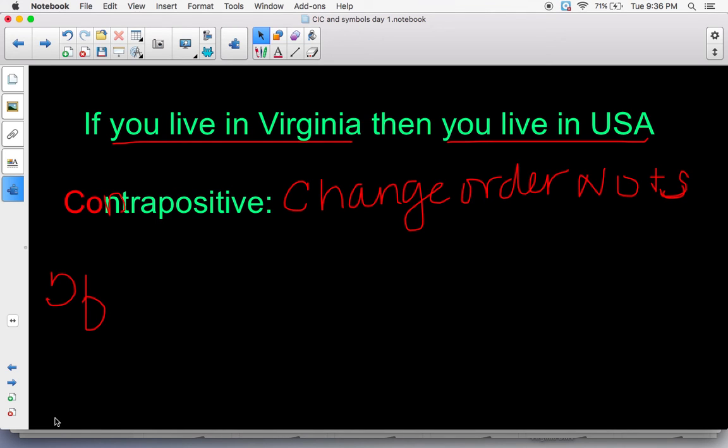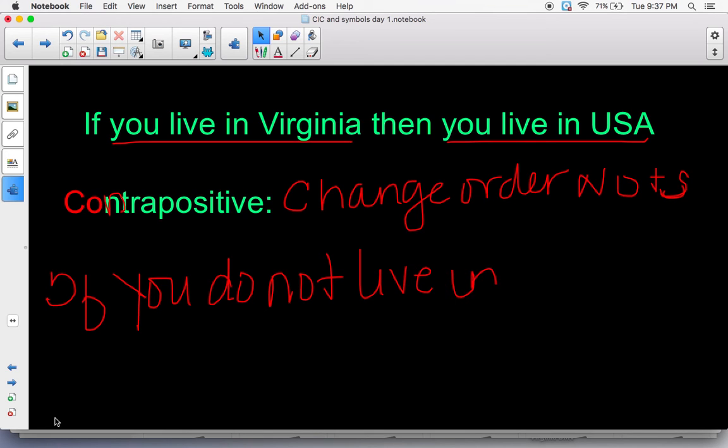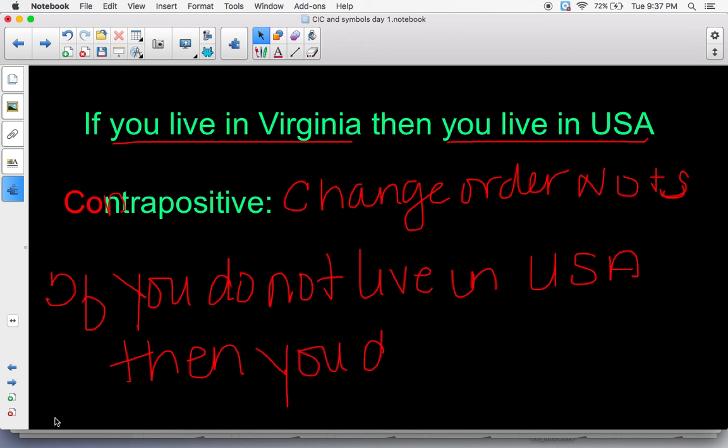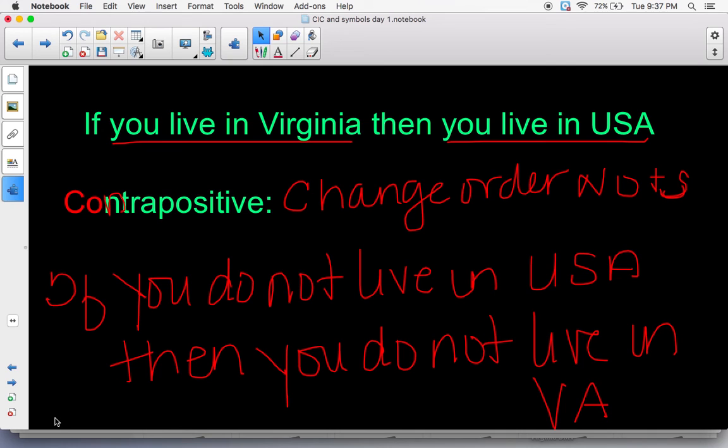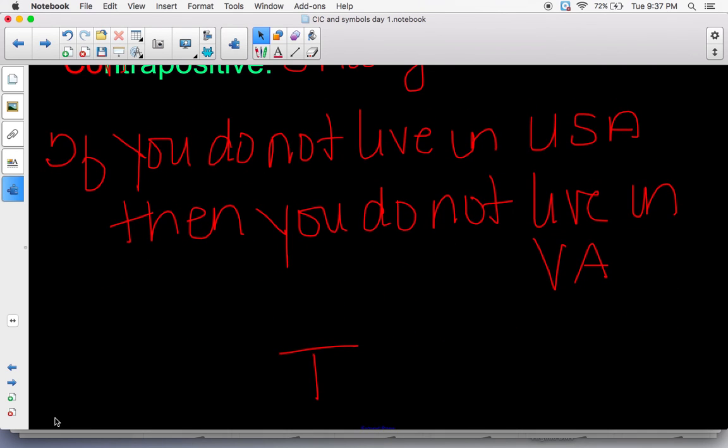If you do not live in the USA, then you do not live in Virginia. Now, this is a true statement. There is no way that you can live in Virginia without living in the USA. So this is a true statement.